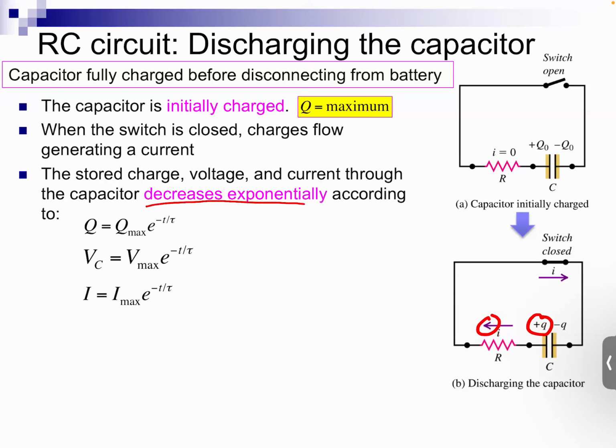It causes the current to decrease exponentially, and therefore it causes the voltage across the capacitor plates to decrease as well. And as the capacitor discharges, the charge across its plates decreases. So there's an exponential decrease in all the quantities involved: the charge, voltage, and the current.